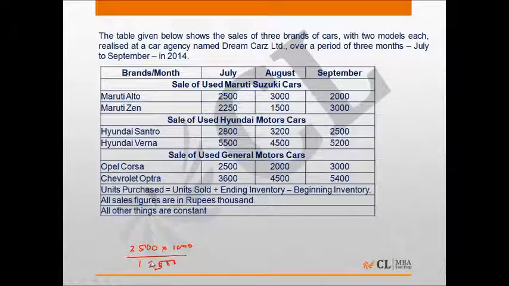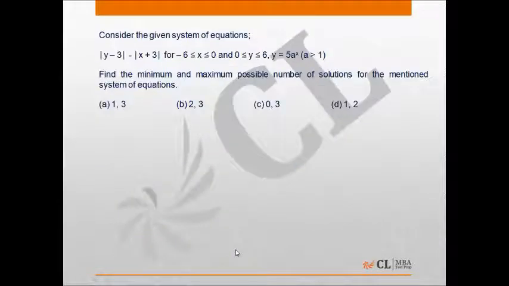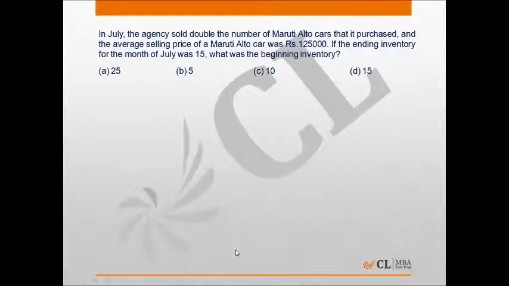From here, we can calculate the number of cars sold in the month of July of the given brand, and it was equal to 20. And it is given that in July, the agency sold double the number of Maruti Alto cars that it purchased.